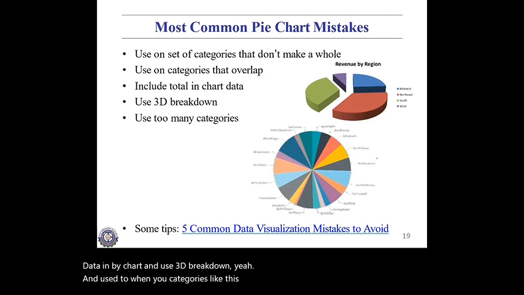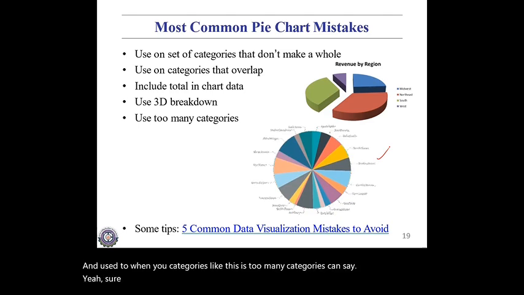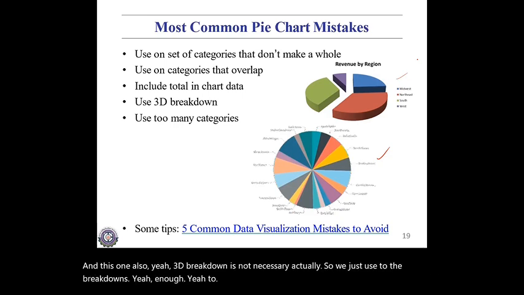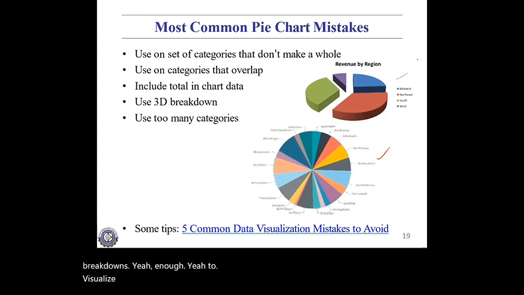This is too many categories, so it is not suitable to use a pie chart. And 3D breakdown is not necessary; a 2D breakdown is enough to visualize the data using the pie chart.